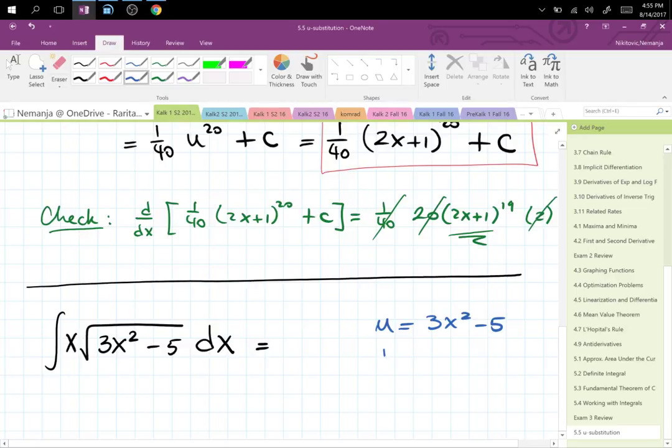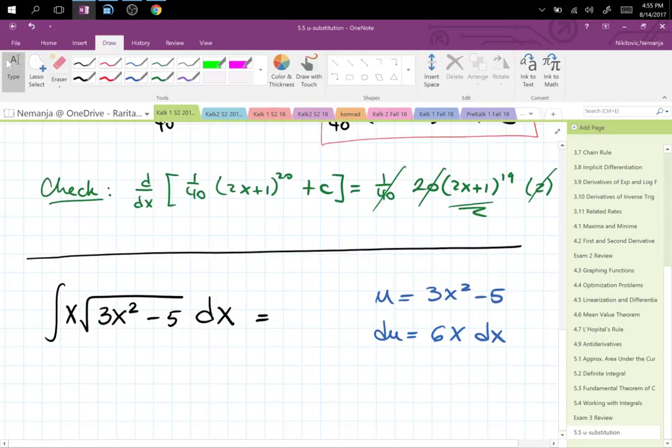from where we get that du is 6x dx, right? Because the derivative of 3x squared is 6x, and then minus 5 is 0. So now you're looking at the problem. You don't have the 6, so you fix that. You plug in 6, you put 1 over 6 in front to counter it, and now 1 over 6 integral.